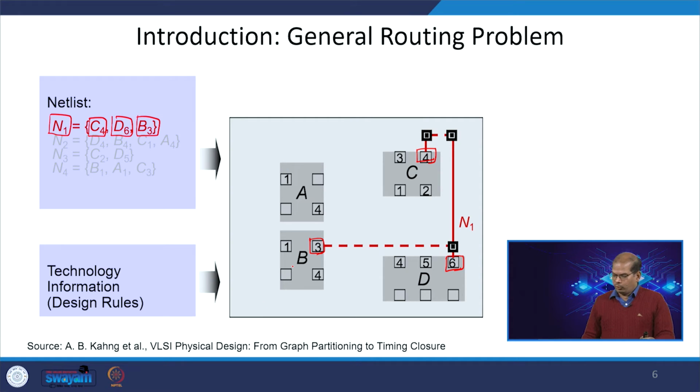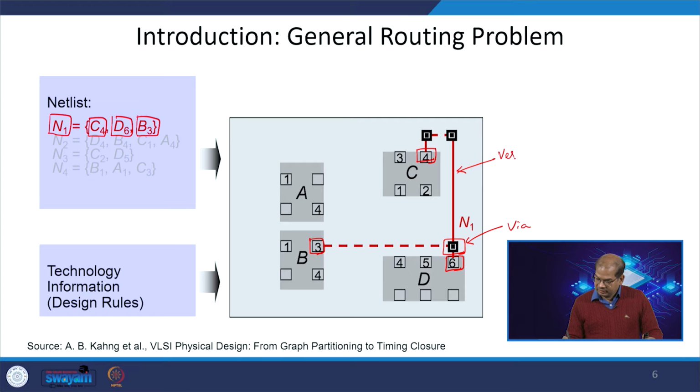If I go and connect them, I consider two types of metal: one is called the vertical metal, and one is called the horizontal metal. This is your vertical metal connection, and the dashed lines are the horizontal metal segments. Now we have some connection between them, that is called the via.